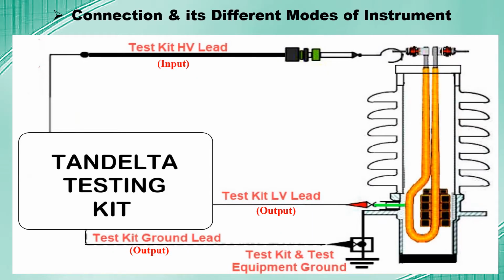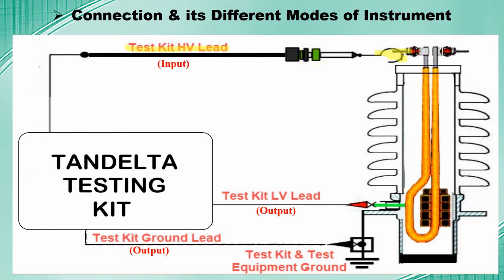Now we will see how the tan delta testing kit is connected to the CT. First, as we have learned and understood, we connect the HV cable or the HV lead to the primary conductor of the CT. It's connected over here.